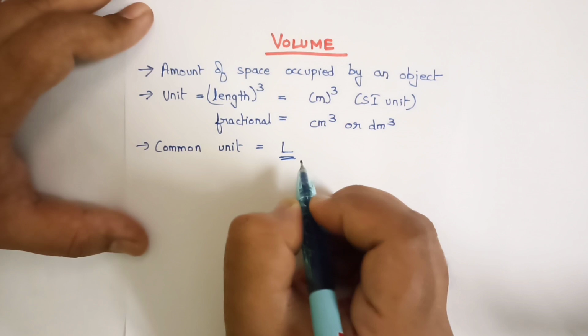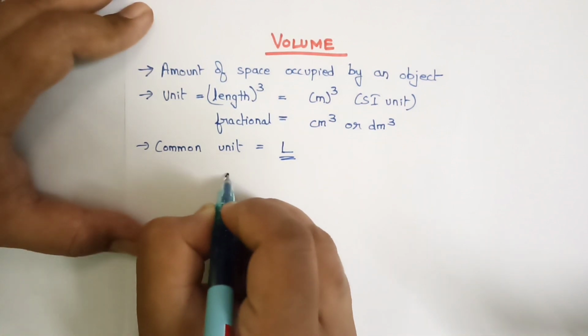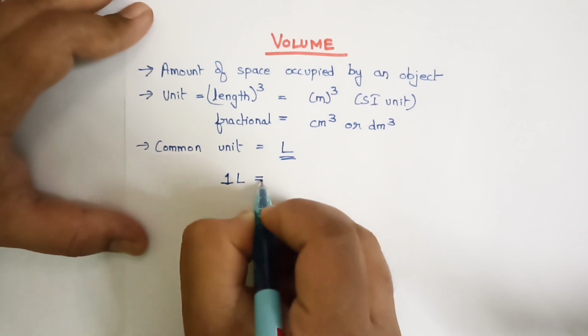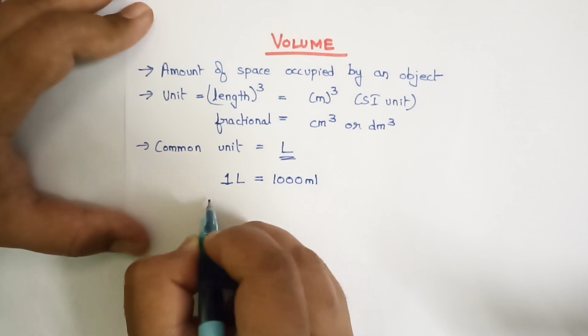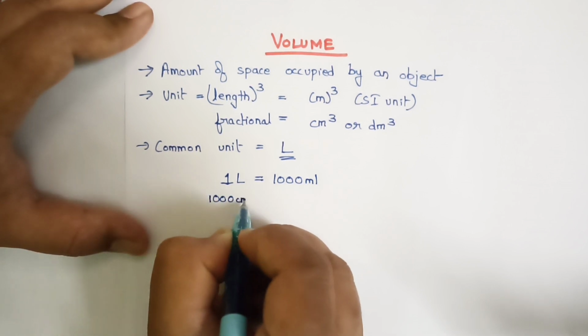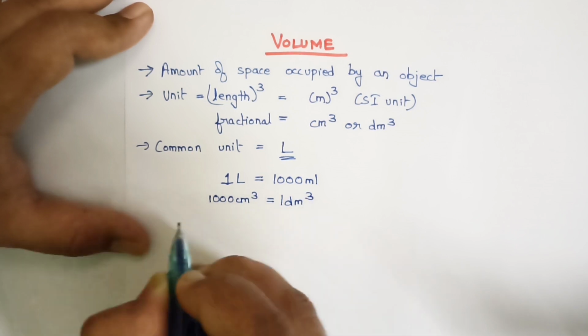But this is not an SI unit, remember students. The conversions you have to remember: 1 liter is equal to 1000 ml, and 1000 centimeter cube is equal to 1 decimeter cube.